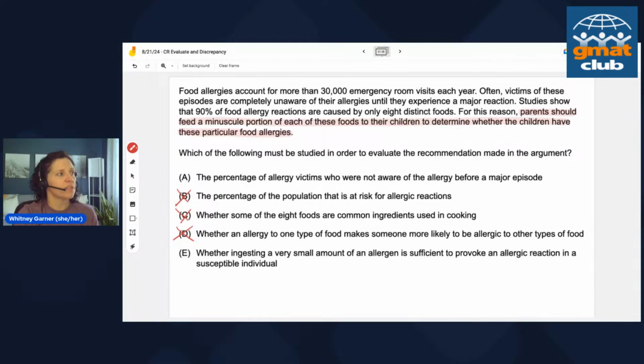That victims of these episodes are completely unaware of their allergies until they experience a major reaction. So I know that being unaware is a problem. Does it matter if it's 29% or 30%? Would that drastically change my conclusion? Like, oh, well, if it's 30%, then okay. But if it's 29%, then no.